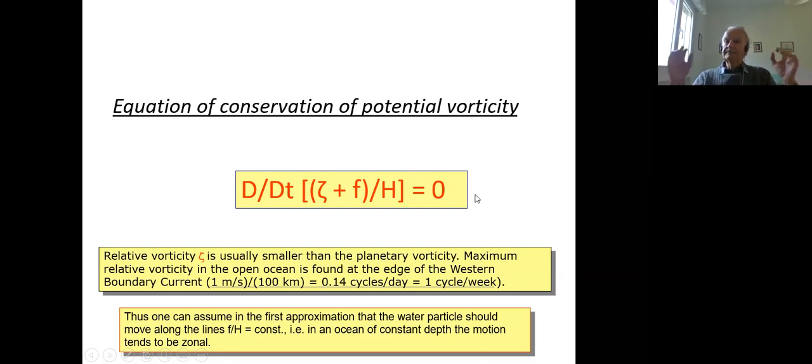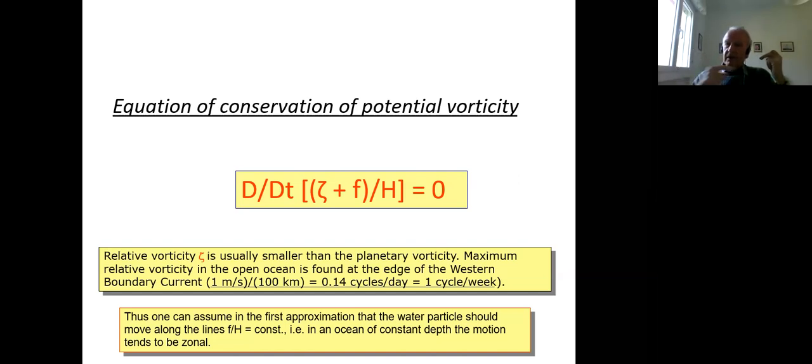So in the first approximation, we can assume that in the ocean the water column is moving along the lines f over H constant. This is already one great piece of information that we get.